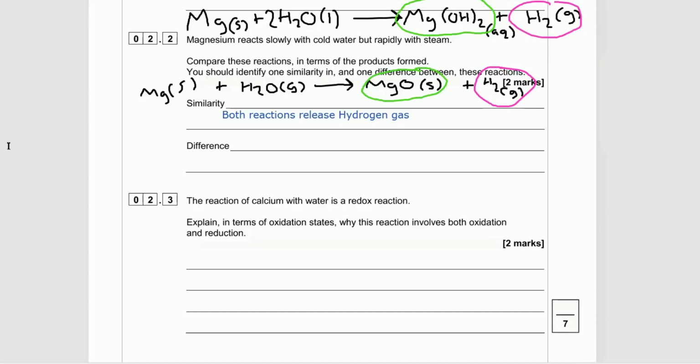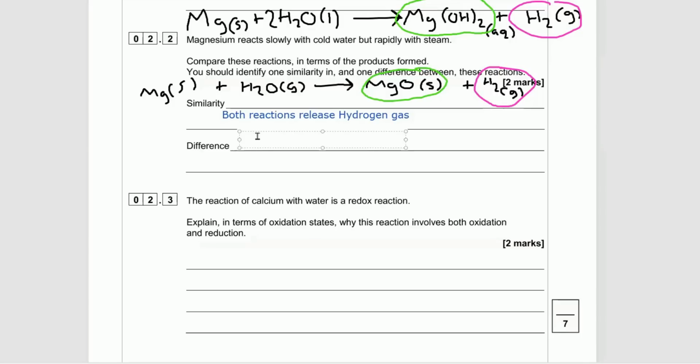However, you're going to see a larger amount of white solid with the magnesium oxide formation, whereas you've got water with the magnesium hydroxide forming a little bit of a colorless solution, as well as probably some white solid being seen there as well.